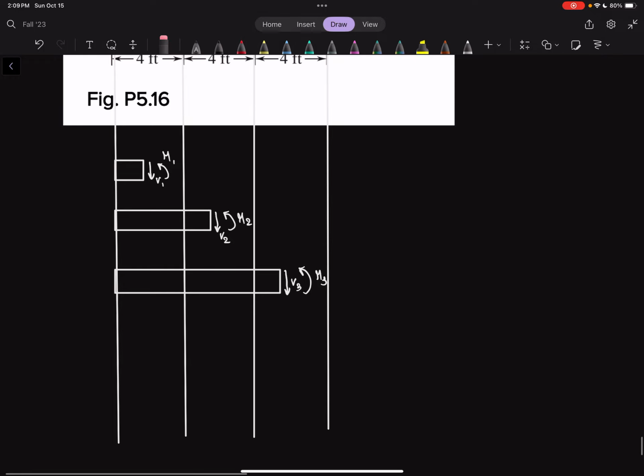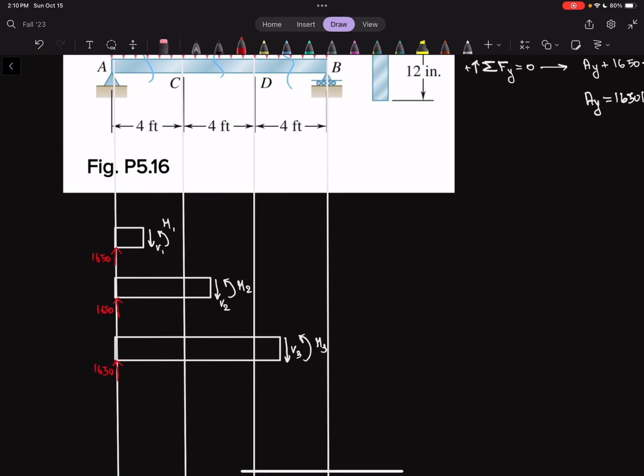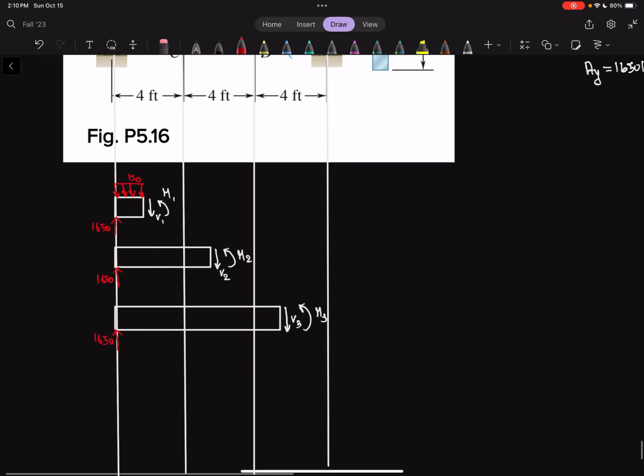So right here is 1650 for all. 1650. 1650. 1650. And then here we're gonna have a distributed load, which is at a height of what? Is at a height of 150. So this one as well. It's at a height of 150.